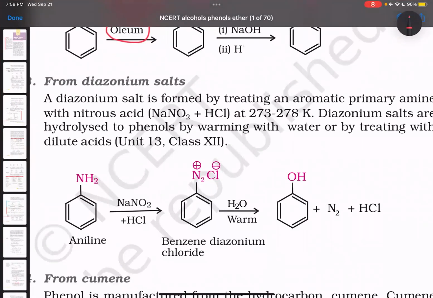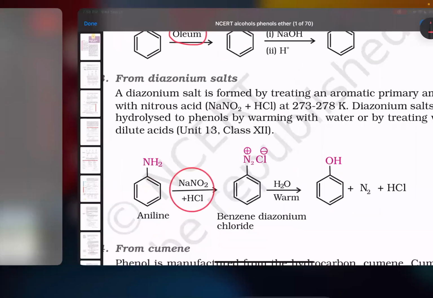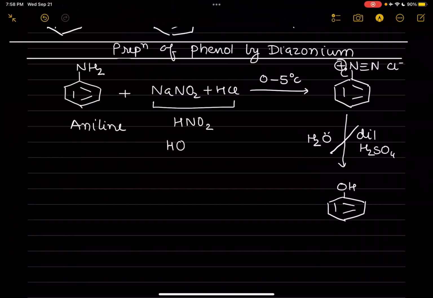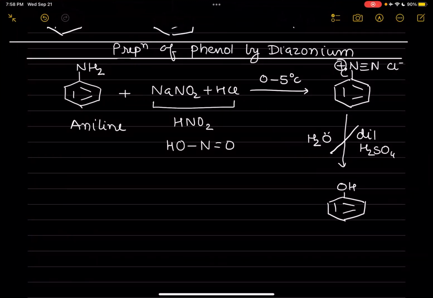So diazonium salts are prepared by treating, or sometimes it is also given as HNO2, nitrous acid, or its actual formula is like this, OH and NO. So nitrous acid is not there in the lab, so we prepare it by mixing NaNO2 and HCl, and with nitrous acid, the aniline is going to change to diazonium salt.